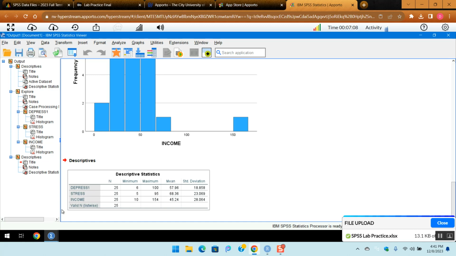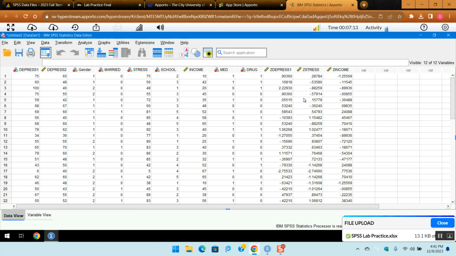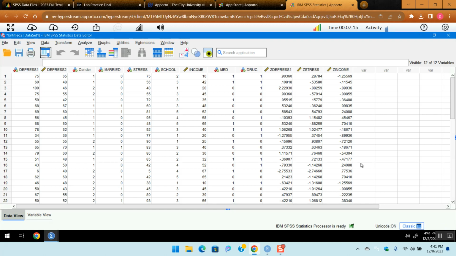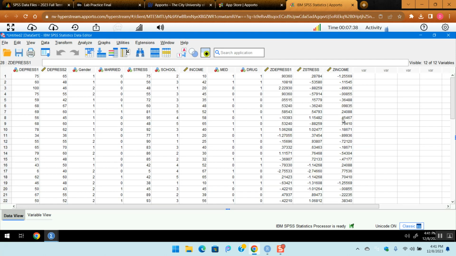Let's go back to our data. If you click this little summation sign, here's our data set. Here are the 3 z-scores. Now, the easiest way to do this, as I said last time, is to scan it. We're looking for anything above 2.58 or anything below negative 2.58. For depression, K17 is the only outlier.